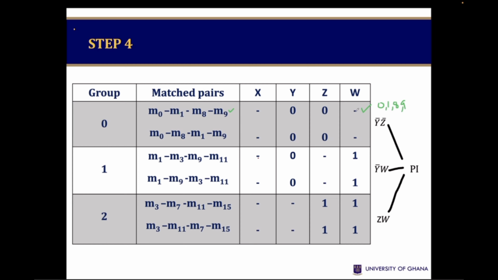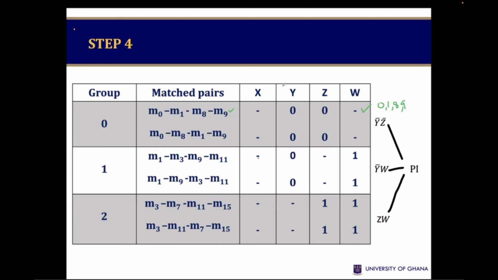So what we are going to do is do away with where the dashes are. It means that these variables will disappear. You see that in K-map, some variables were disappearing. In the same way, here, the dashes are the variables that will disappear. So which ones are left?